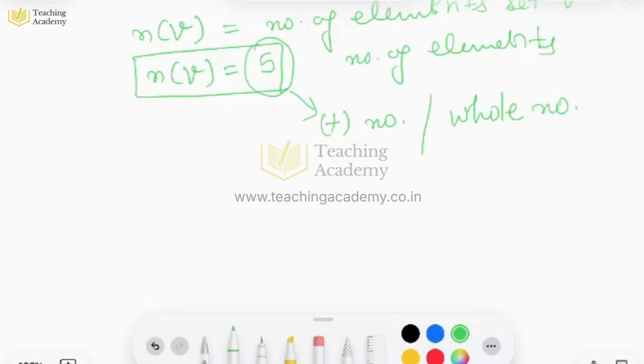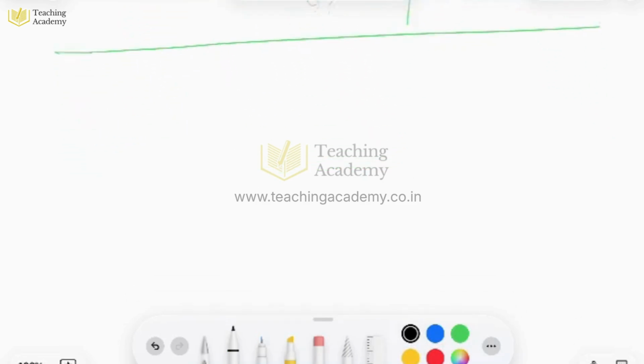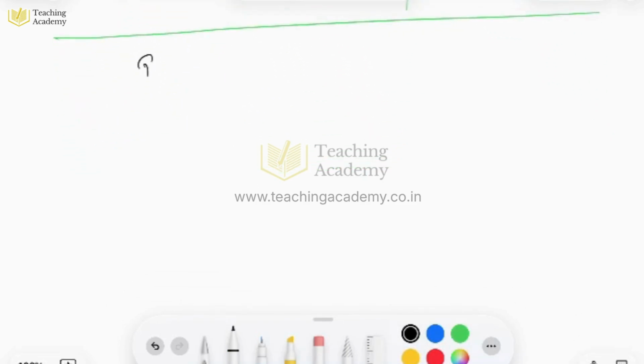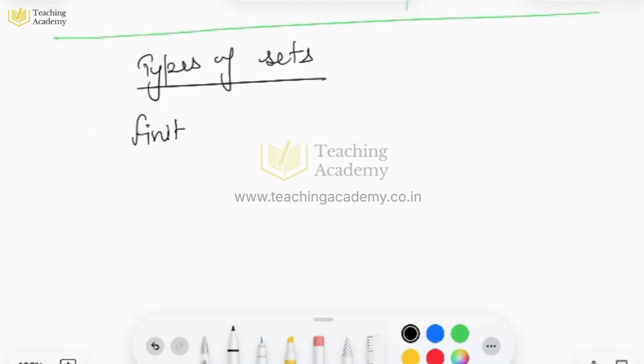Next thing is about the types of sets. There are two types of sets. One is called finite and another one is called infinite. The name itself says everything.